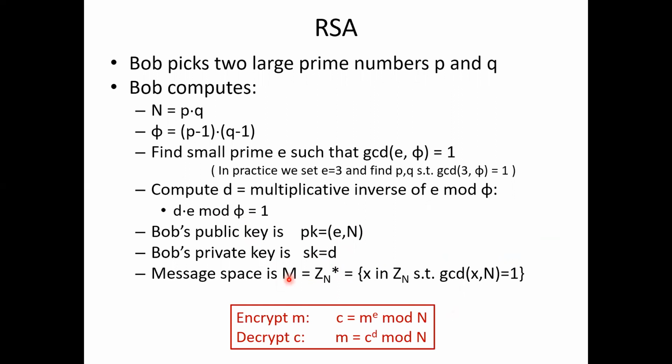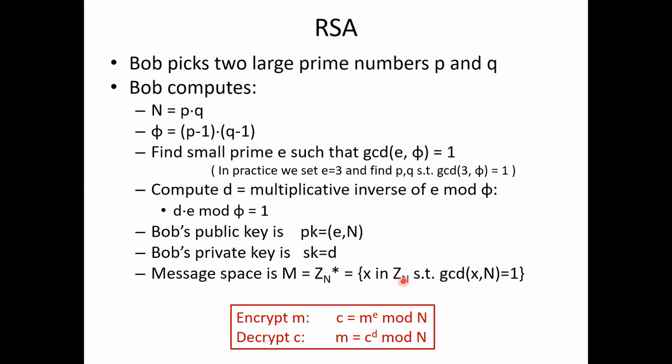Now, the message space of RSA is not exactly all the modular residues mod n. It is only a subspace of these modular residues, which we denote Zn star. It's the subspace composed of those residues which are co-prime with the modulus. Now, if n was prime, then all integers in Zn would be co-prime with n except for 0. But if n is composite, this is not true.